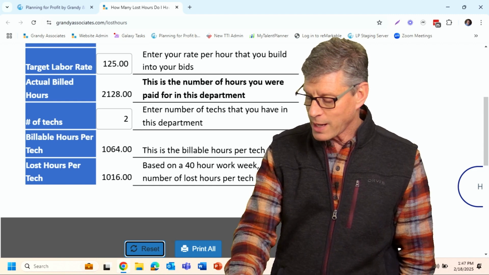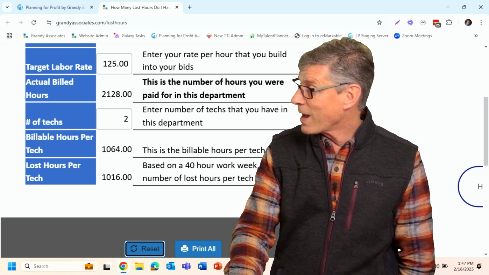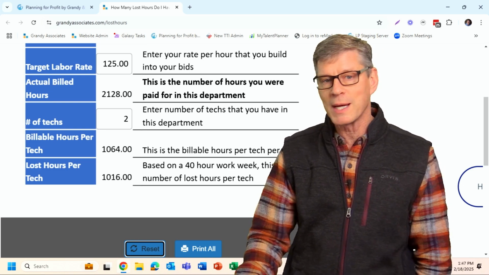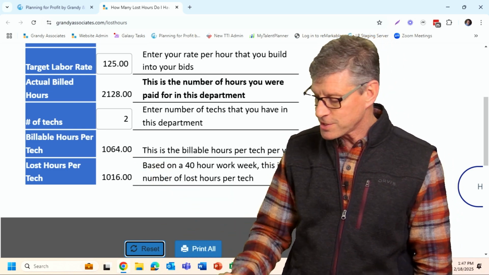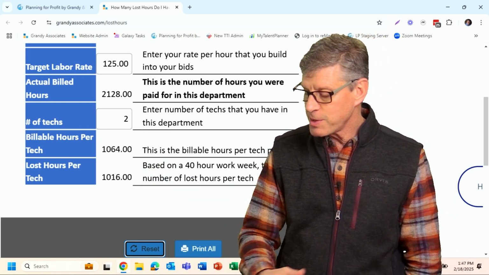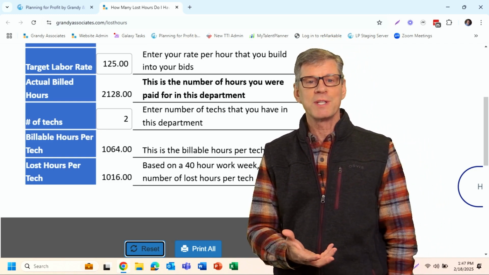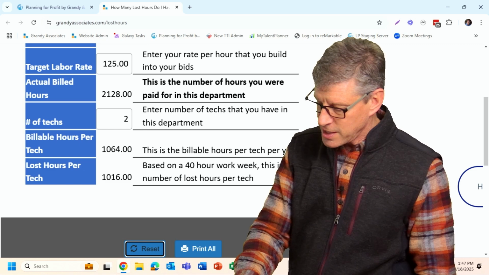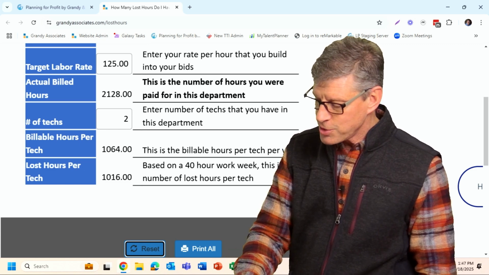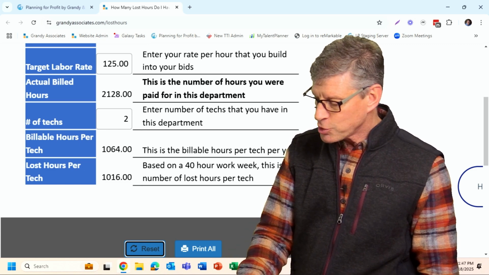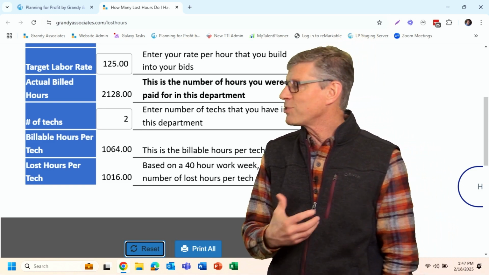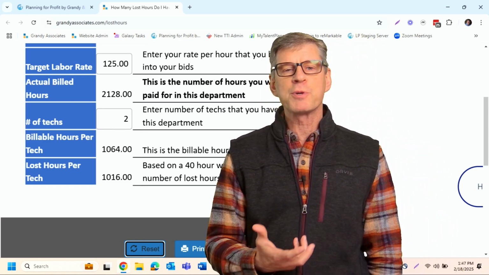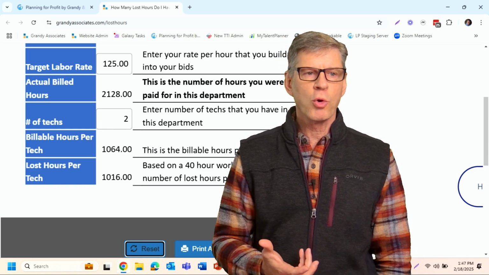Well, 1,016 plus the billable time of 1,064 tells me that we actually paid them for 2,080 hours. If I take my non-billable time, 1,016, divided by my 2,080 total hours, it tells me that for this particular technician, 48.8% of his time was non-billable or lost.